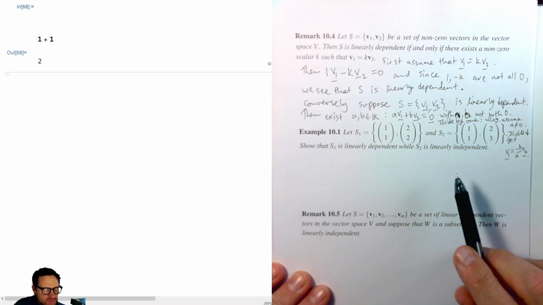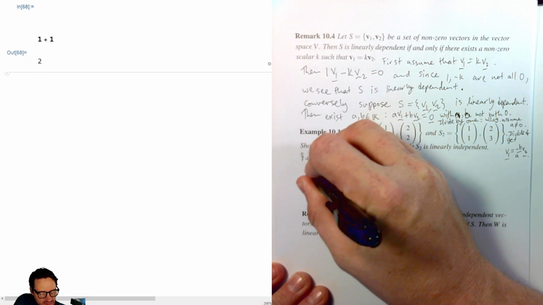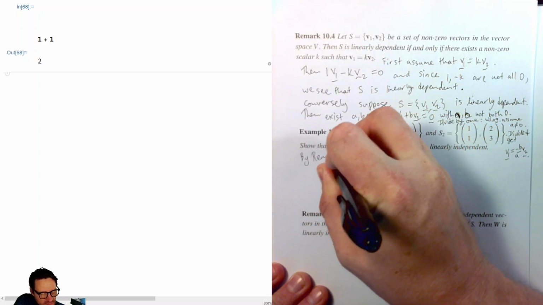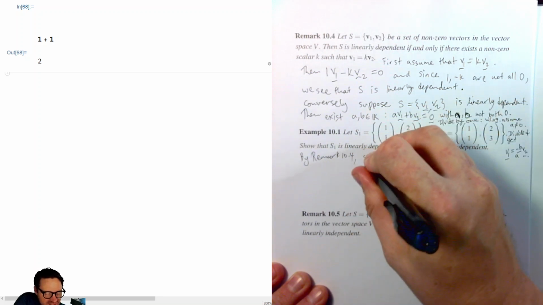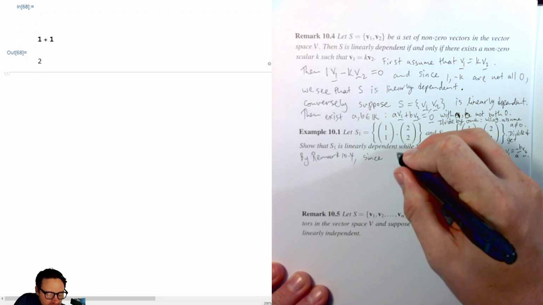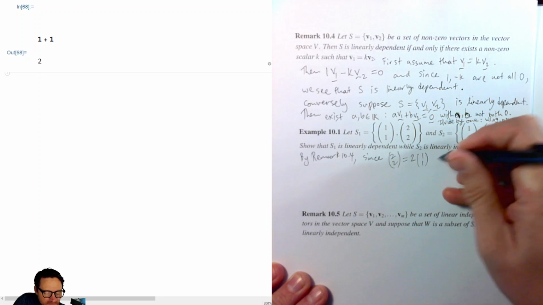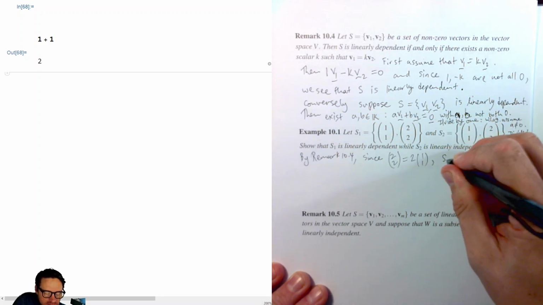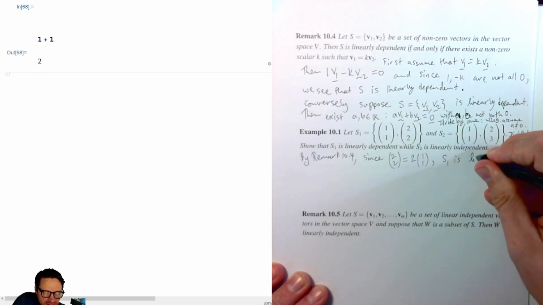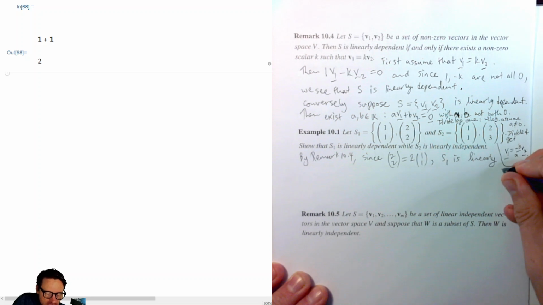Okay, now following from the remark above, by remark 10.4, since the vector (2, 2) is 2 times the vector (1, 1), S1 is linearly dependent, right?